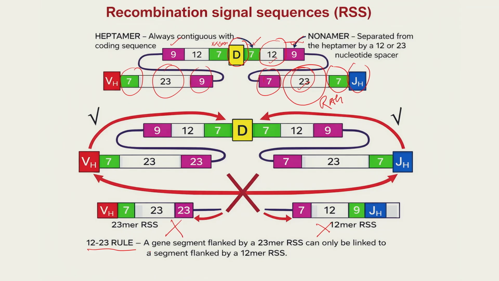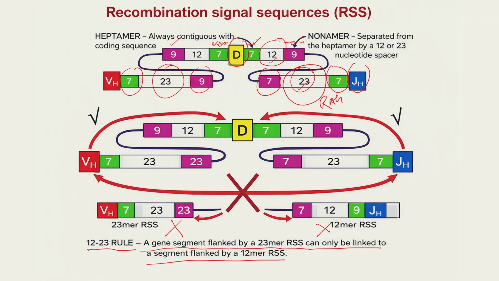So this is the 12 to 23 rule. A gene segment flanked by a 23 specific recombination signal sequence can only be linked to a segment flanked by the 12mer recombination signal sequence. That means the only combination possible is between the 23 and the 12, and not between 12-12 or 23-23. This is a very important rule which exists in B and T lymphocyte rearrangement when it comes to the RAG protein.